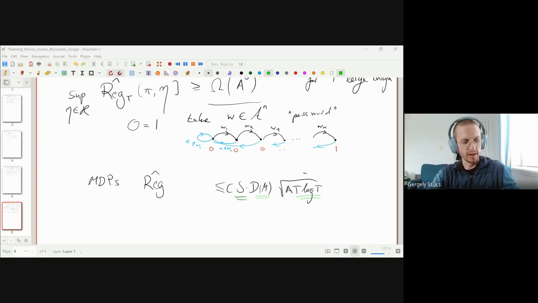So we're trying to find an exploration time which works reasonably well for any suboptimality gap.